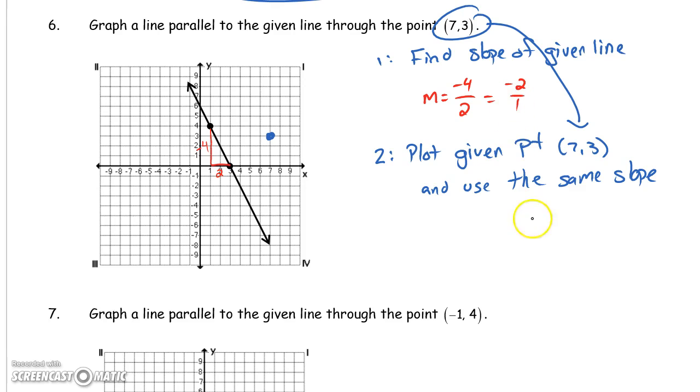So I'm going to use -2 over 1 from the new point. -2 means down 2, over 1 means right 1. Down 2, right 1. Or I could have gone up 2, left 1. Notice I'm following the exact same pattern that was followed here, therefore I am graphing a parallel line.